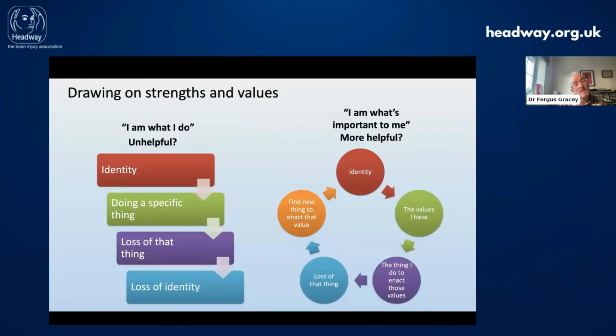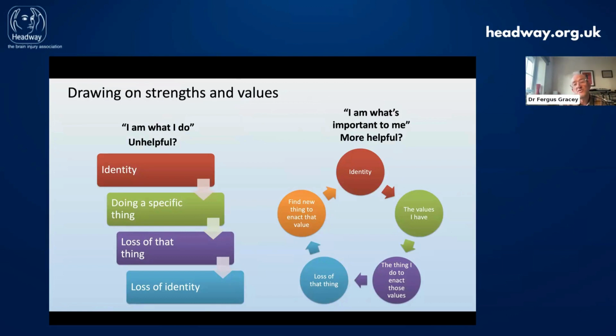Thinking about strengths and values is a key thing, because if we relate our identity to doing a specific thing, driving, for example, which comes up with some of the people I've worked with with TBI, or a particular work role, then loss of that thing equals loss of identity.